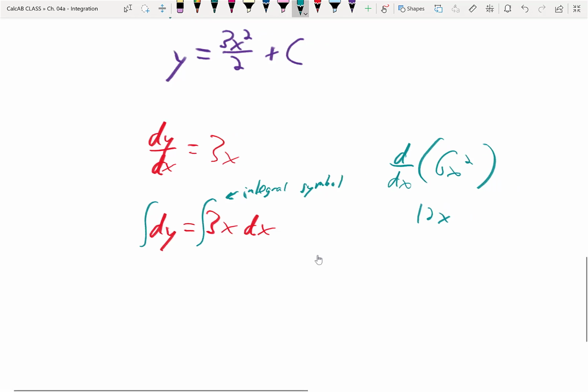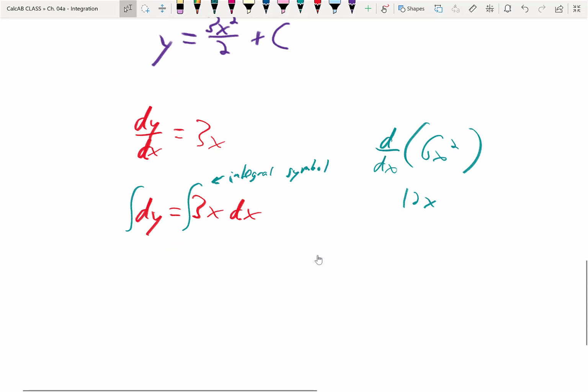When I do an integral, instead of doing the d of that, the derivative, I do the integral of this. And so if I want to integrate something, I'm also integrating with respect to a variable. You take the derivative with respect to a variable. You take the integral with respect to a variable.